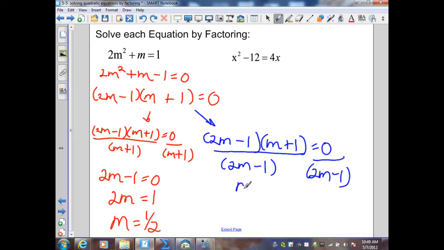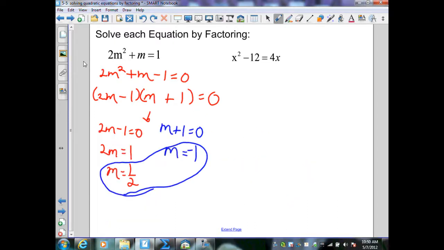That leaves me with m plus 1 equals 0. Solving, I get m equals negative 1. So my possible solutions are m equals 1/2 or m equals negative 1. Notice I have eliminated the extra procedures down here, and this is the procedure that we need to follow. Let's take a look at our next quadratic equation.